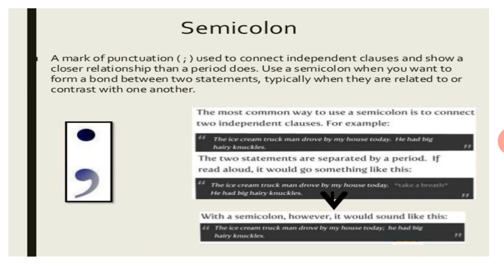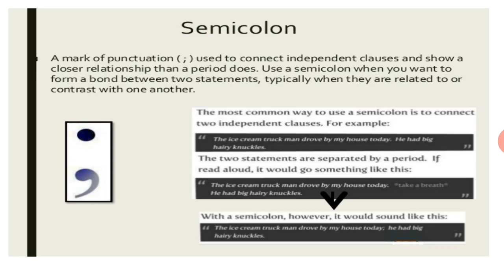The two statements are separated by a period. By the help of a full stop, these two statements were separated. The ice cream truck man drove by my house today. That is one statement. He had big hairy knuckles.